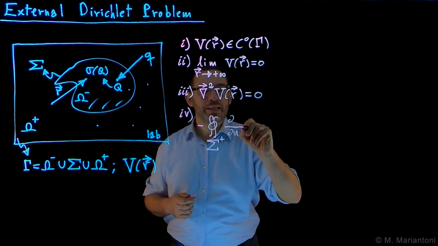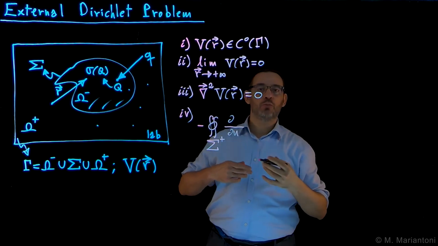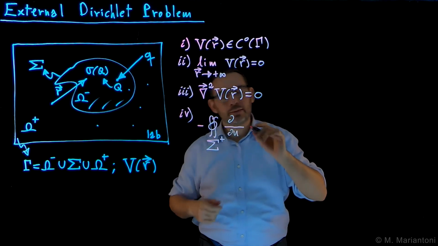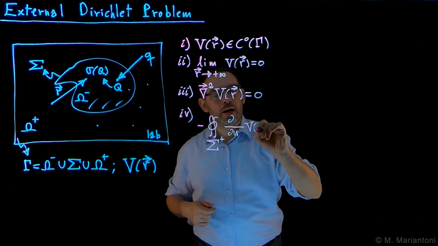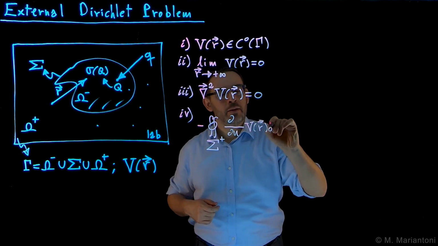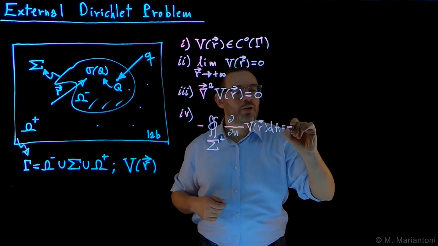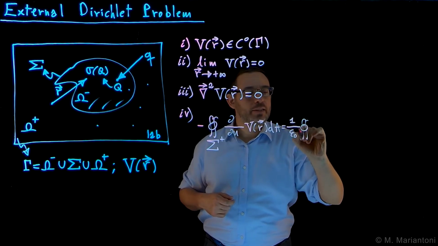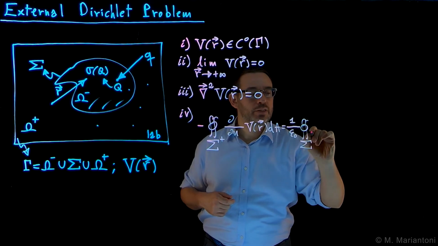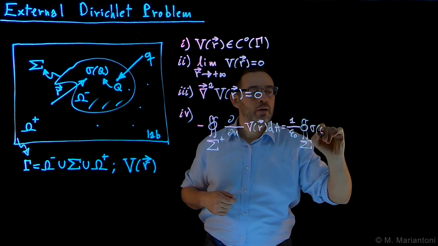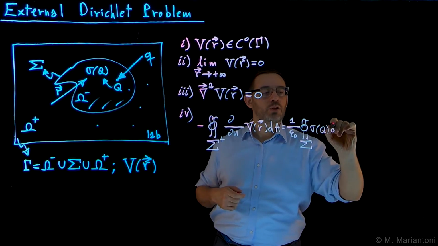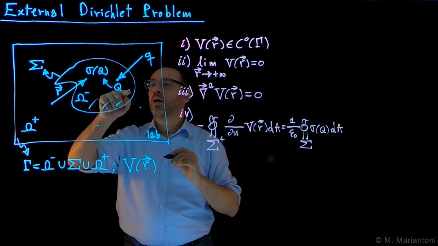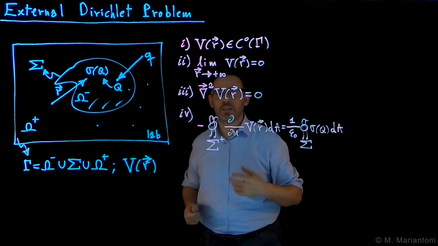In examples, we'll clarify this concept, because of course you want to write this with respect to a coordinate system, of V of R, dA, has to be equal to 1 over epsilon naught, the surface integral on the entire closed surface capital sigma of sigma at point Q dA, which means on any point on the surface capital sigma of the conducting object.